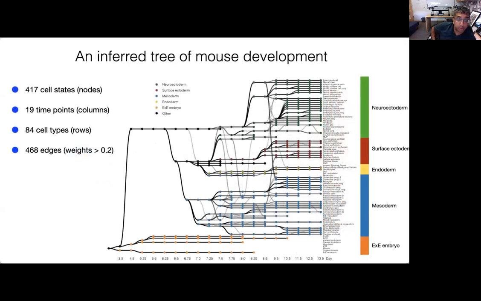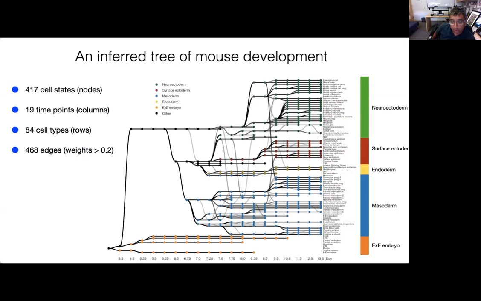And so this is the resulting tree that comes from that process, applying it to every pair of these 19 consecutive time points, each of which is a column here. The edges here, and this is effectively an acyclic directed graph, correspond to edges where we infer some kind of putative or potential relationship.